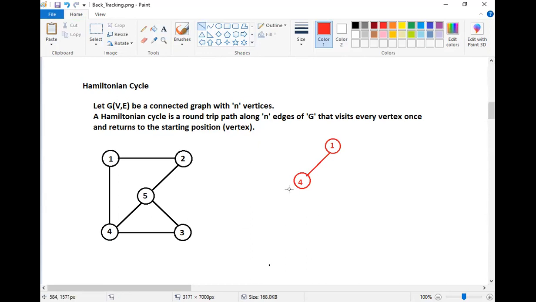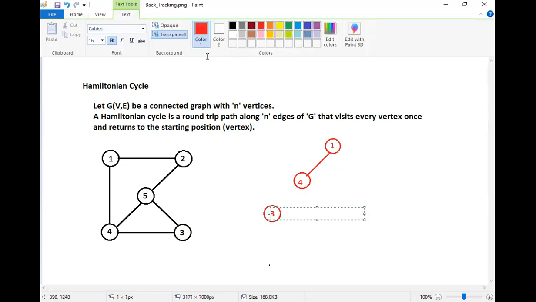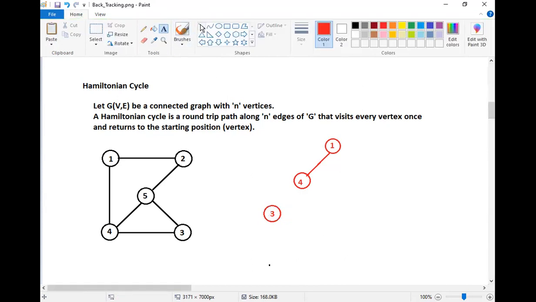Which one shall I consider first? 3. Okay, fine. From 4, since there are 2 different paths, first I will consider 3. So from 4 to 3 I can go, and let us draw that edge as well. 4 to 3.